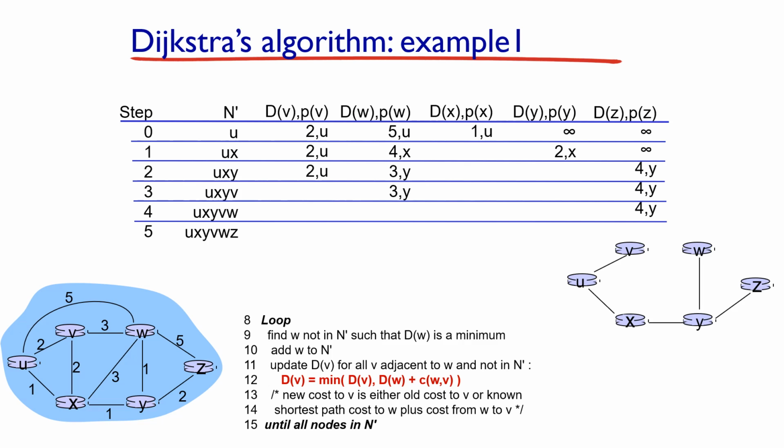The value of this second row, that is step number 1, 2u is filled by finding the minimum of d of v. d of v represents always the previously found value. That is, 2u is the previous value to reach v. Either that, or is there a new path from u to v through x?